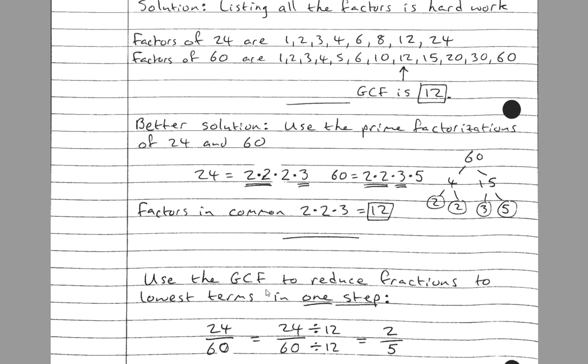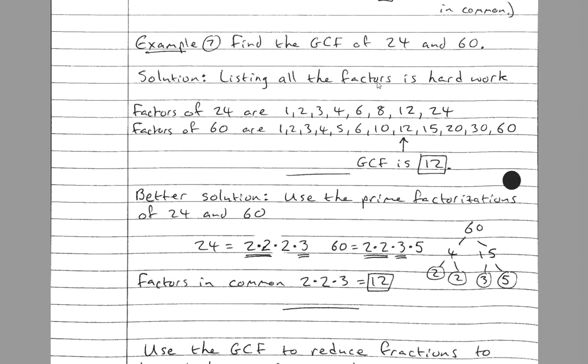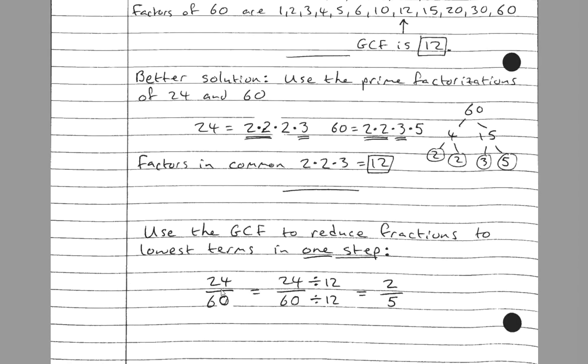Okay, so if we take these two numbers, 24 and 60, and make the fraction, say, 24 over 60. Well, suppose the question was to reduce this to lowest terms and simplify this fraction as much as possible, then we can use the greatest common factor at the top and the bottom.